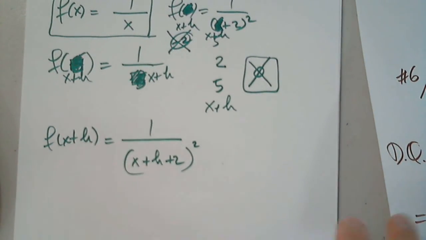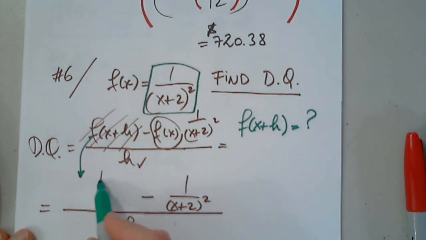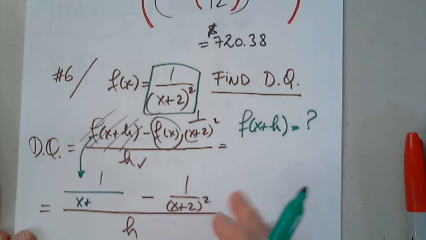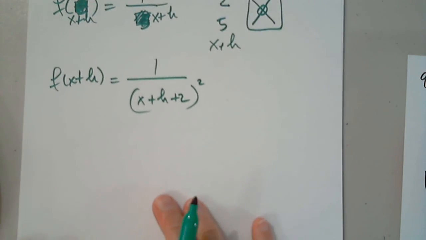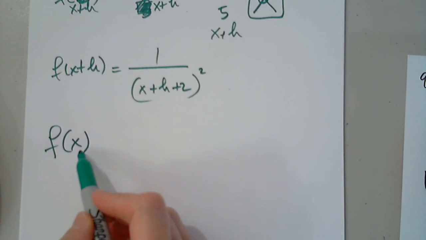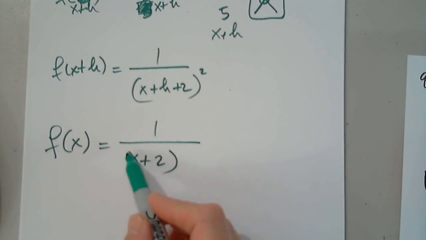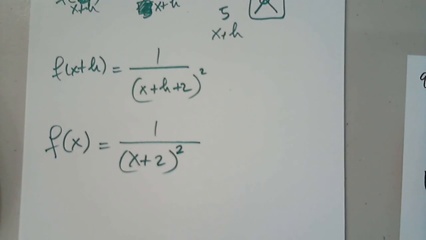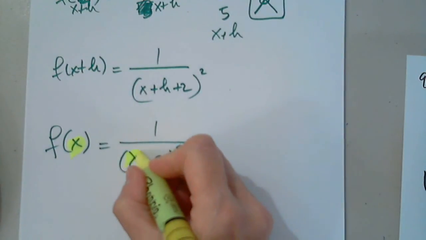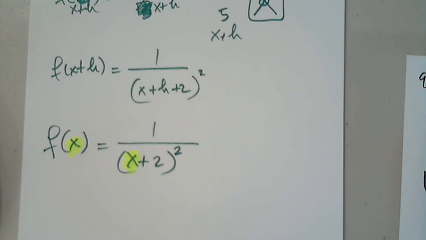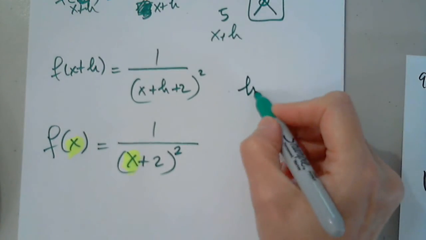So coming back, this is what we want. Why is the h squared in that? Why does the h get squared? Okay, so let's take a look again. f of x is 1 over x plus 2, everything squared. So now this is x plus h. h is not squared. h squared would be something like this.